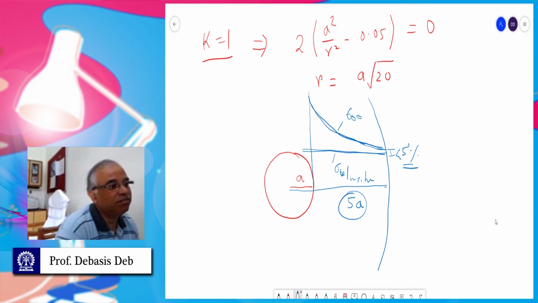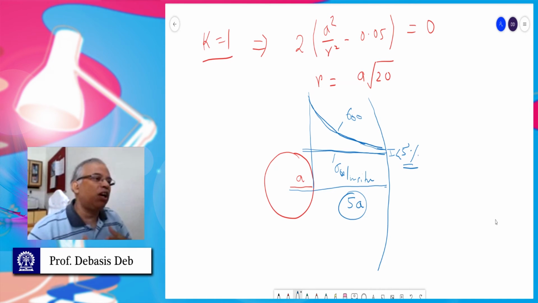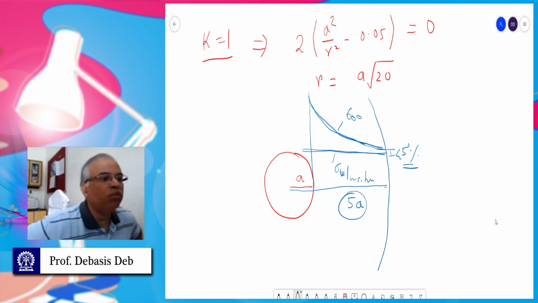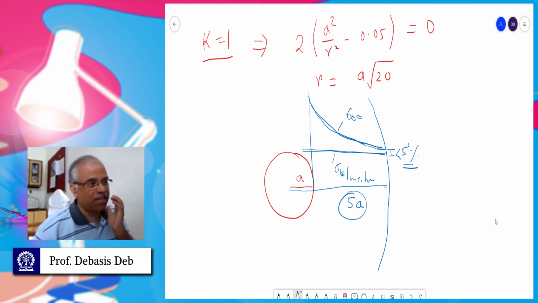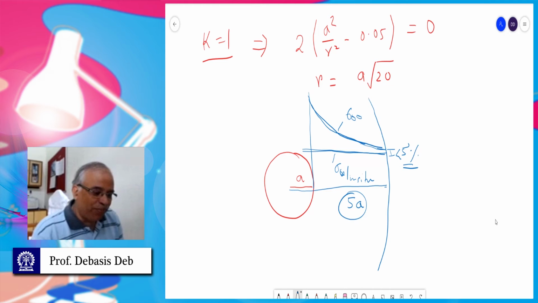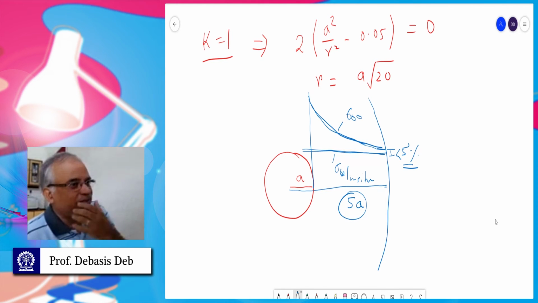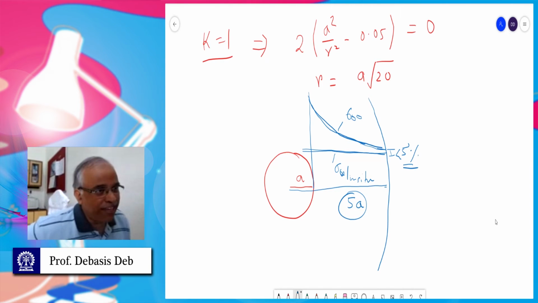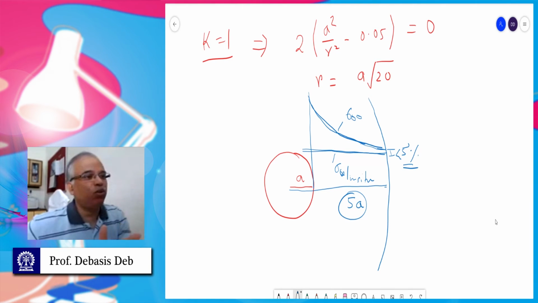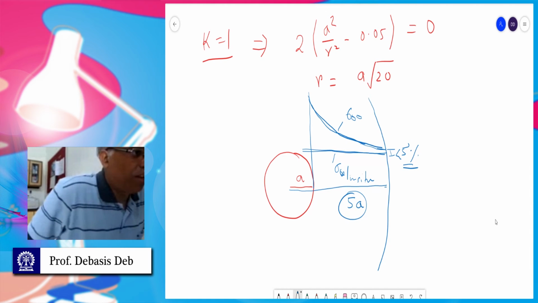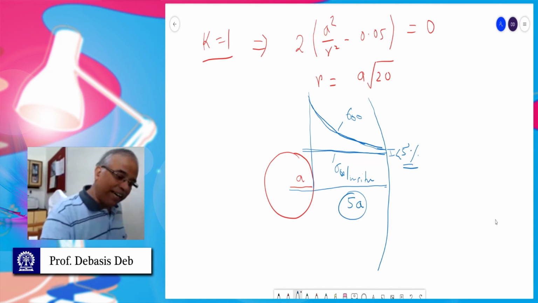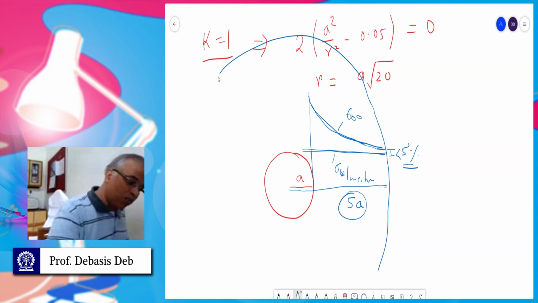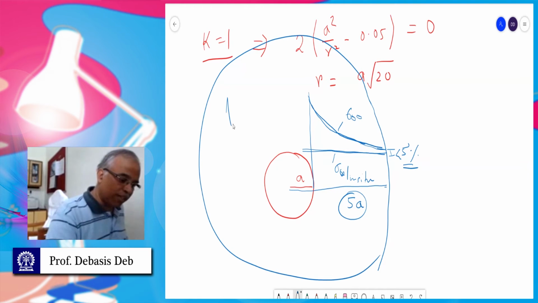It means we can say we have already reached the in situ. I do not have to go all the way to R equals to infinity. So it's just 5 times. And this is a very interesting feature of Mother Nature, that very quickly we can come down to the in situ stress.